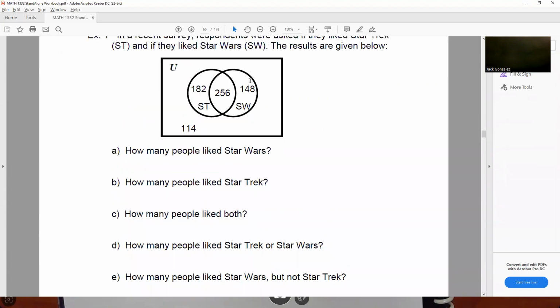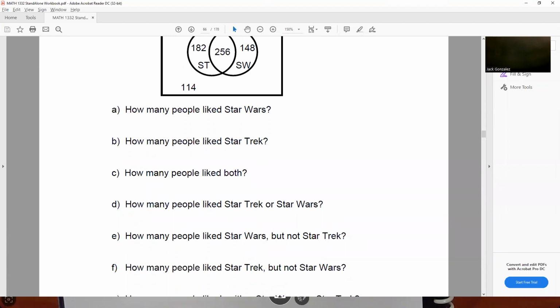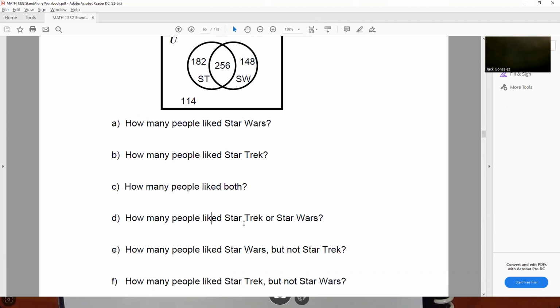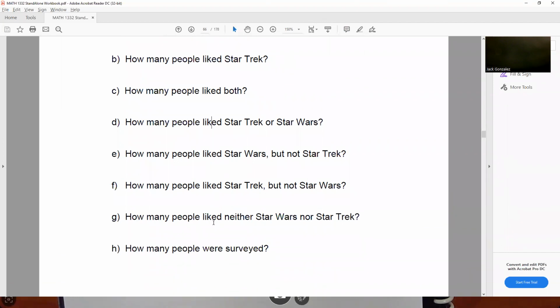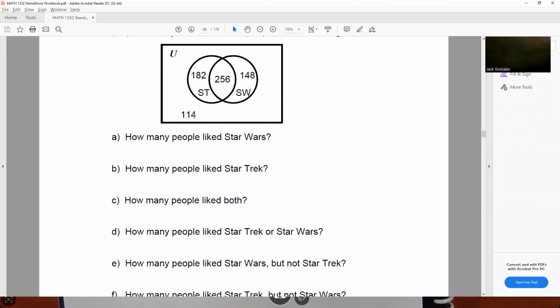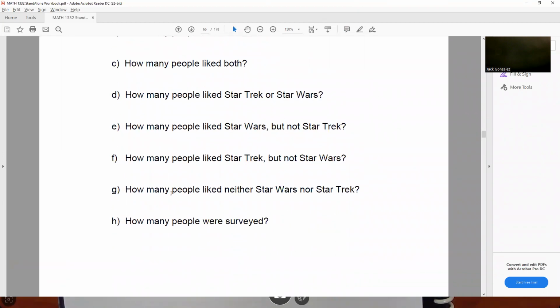I would say it's just this piece right here, 148. Part E. And F is people like Star Trek but not Star Wars. And then it'd be the 114 from either, correct? On G, people out here that didn't care about either one.